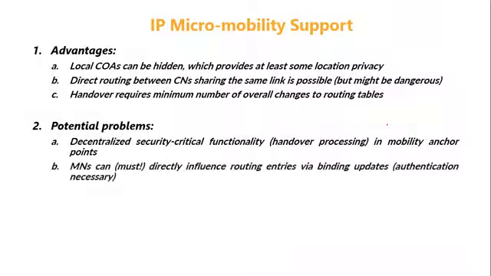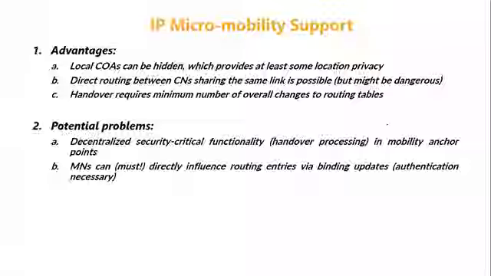The problem is decentralized security-critical functionality, handover processing in mobility anchor points. Whenever a mobile station moves from one AR to another AR, that information is sent by the mobile station itself, so we are just believing the mobile station. This itself is a potential security issue. Mobile nodes can directly influence routing entries via binding updates.